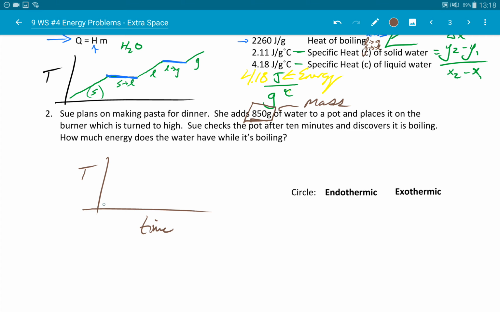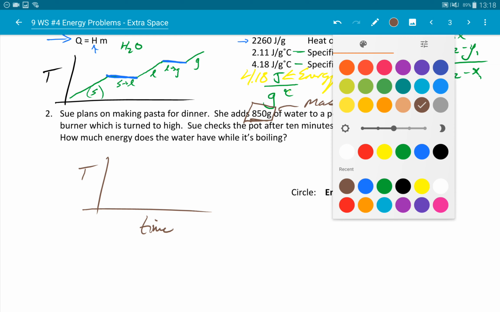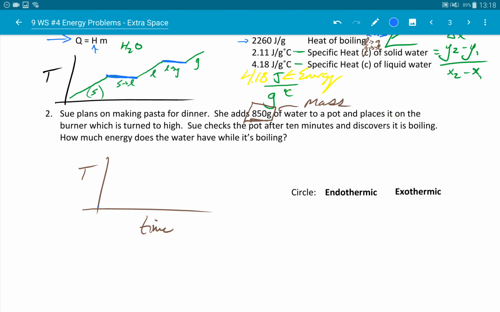As she heats it, we know it's going to be increasing in temperature, so it'll look something like this, where this is the liquid phase. And then at some point, it starts to plateau. It really does plateau. That's the start of when it's going from a liquid to a gas. That's when it's boiling.